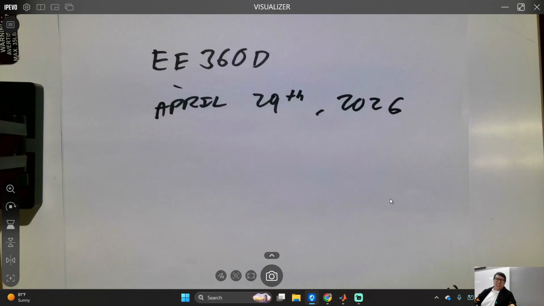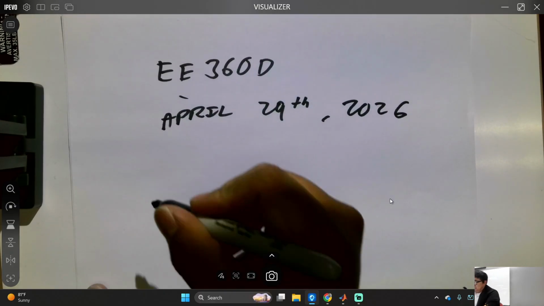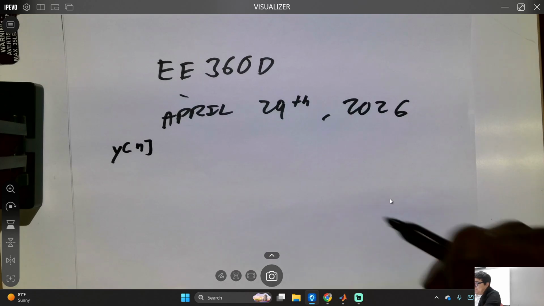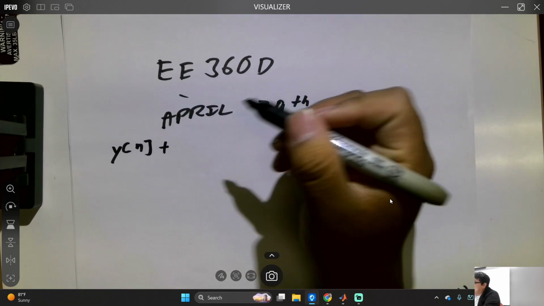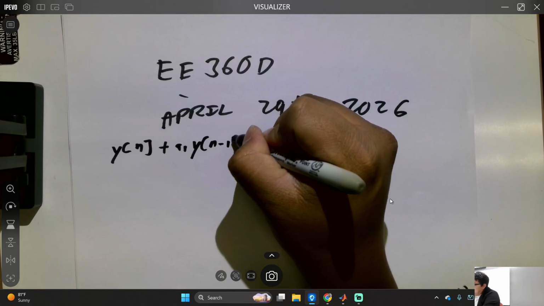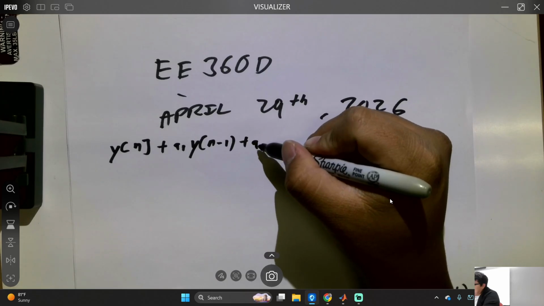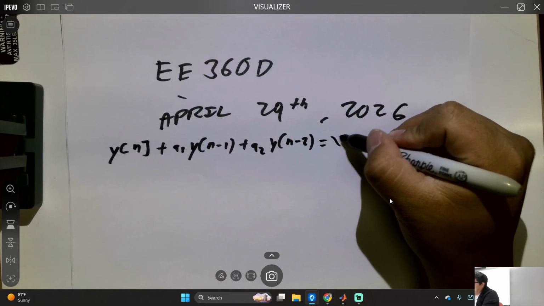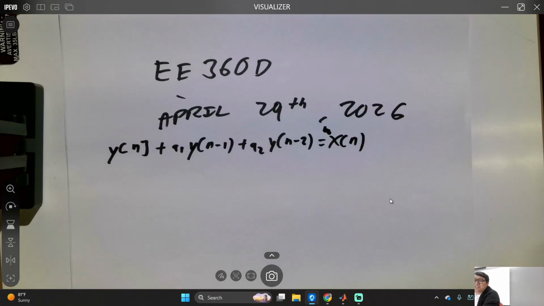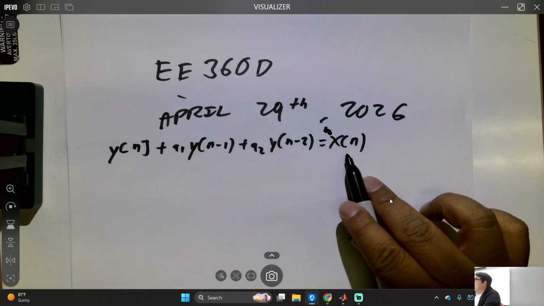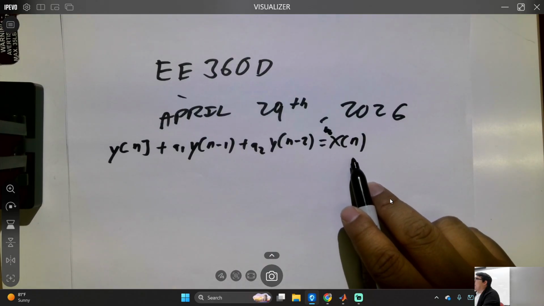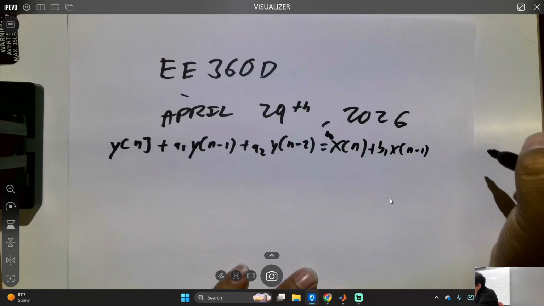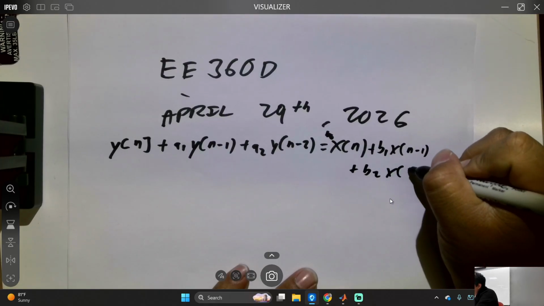So, I'm being lazy right now, let's give you a block diagram. What's this right here? It's our output, right? Plus a1 y[n-1], plus a2 y[n-2], is equal to x[n], and don't forget the b0, for our input attenuation, gain, preamp, plus b1 x[n-1] plus b2 x[n-2].